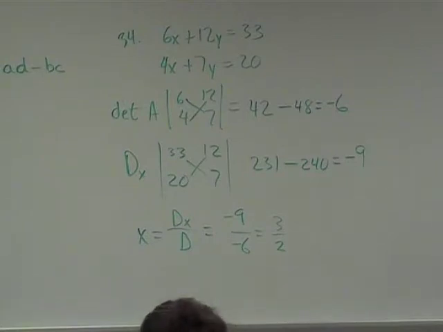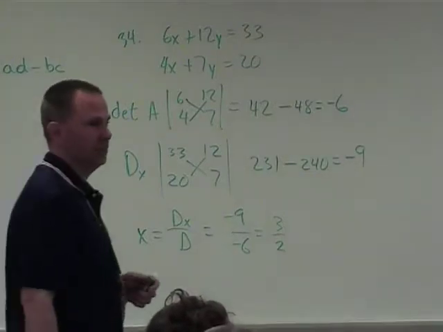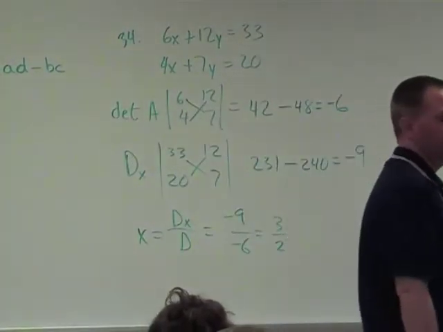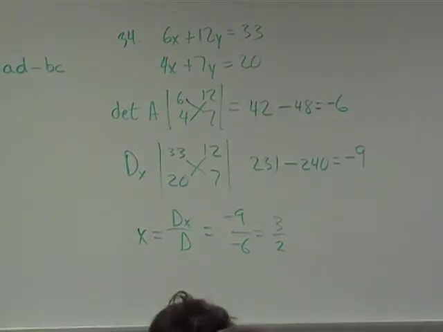Because really, you should be able to do most of these in your head. What would really freak out your algebra students is if you went to them while they were solving systems. Of course, they have easier systems than you do. You could sit there and probably do the crisscross, find the determinants and do it in your head, and that would really freak them out. You say, well, you're just an algebra student.